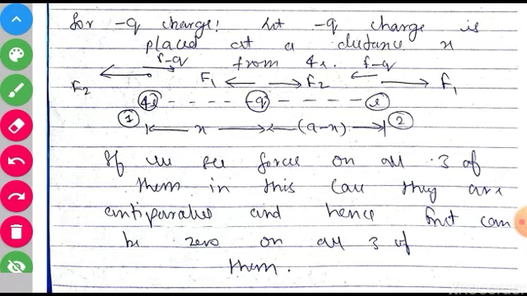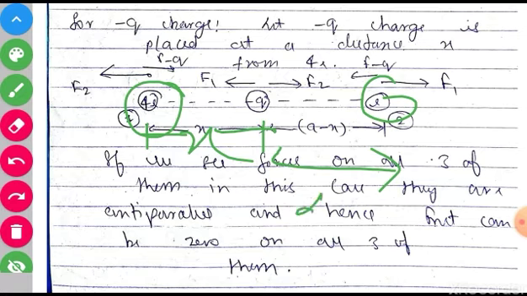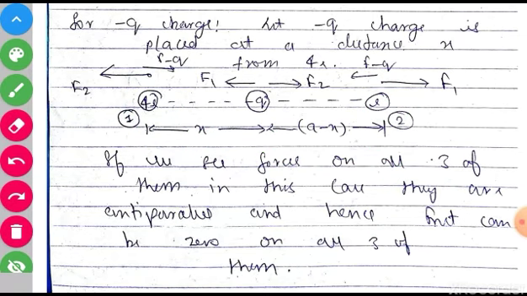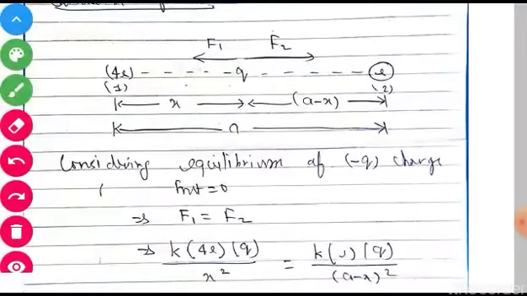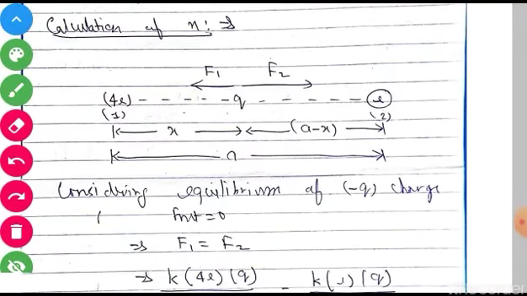I have assumed that this minus q is at a distance x from 4e. You can take it from e also, it's just calculation. So let the distance of this minus q charge from 4e be x, hence its distance from this e charge will be a minus x, because this whole distance is a. I have shown it clearly here, the calculation of x.